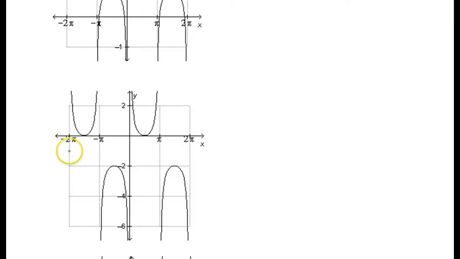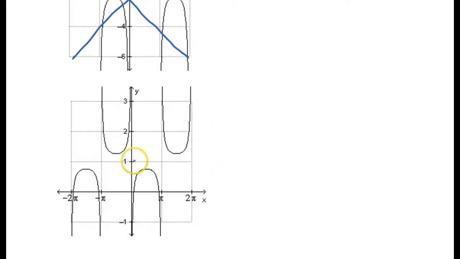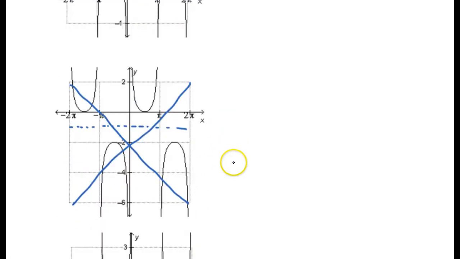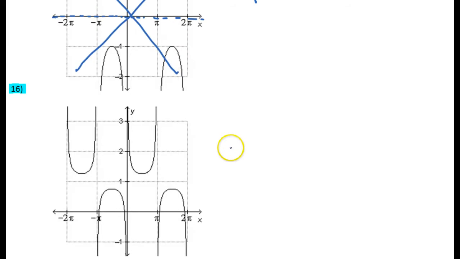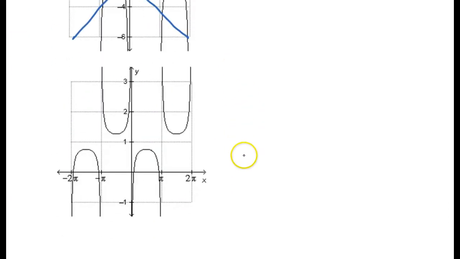This graph seems to have a midline of -1, so we can eliminate that graph. And this graph does have a midline of 1. So just from that, we've narrowed it down to a 50-50 chance between the second graph and the fourth graph.